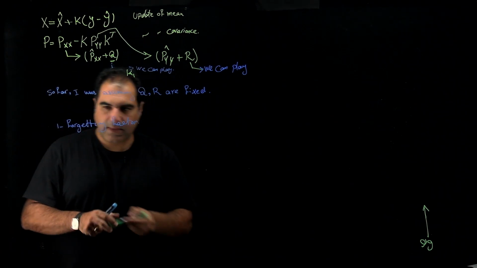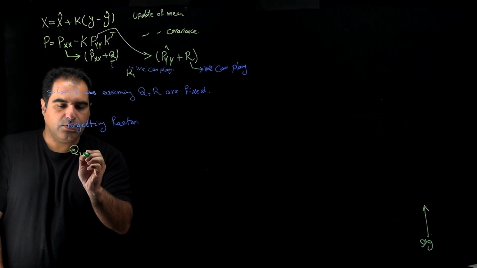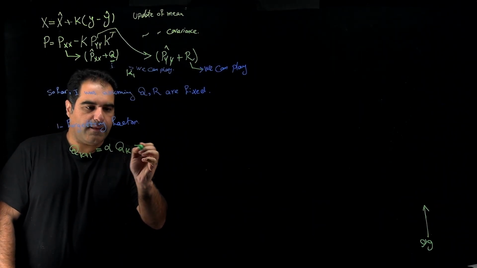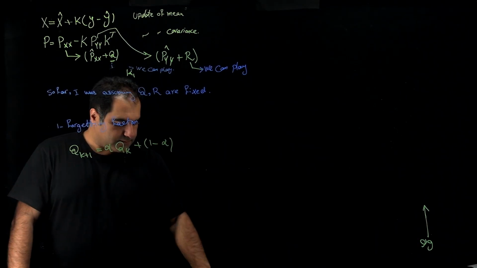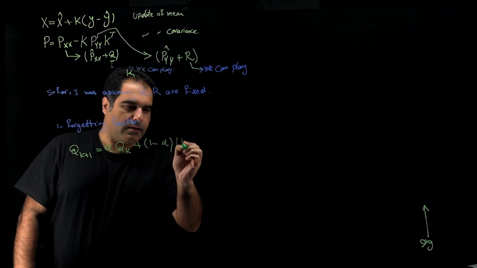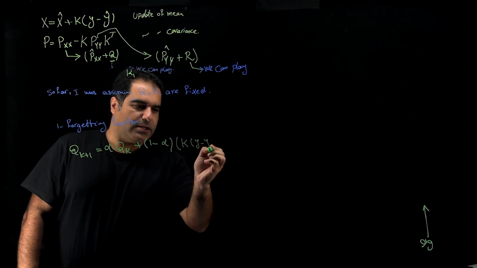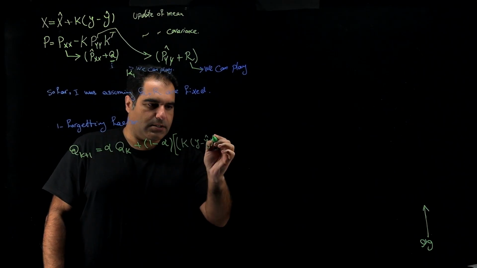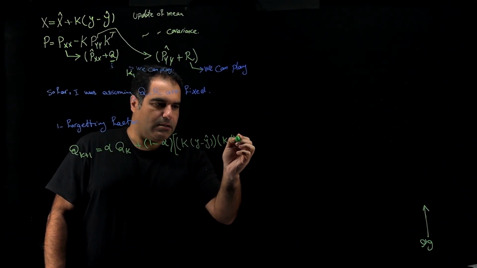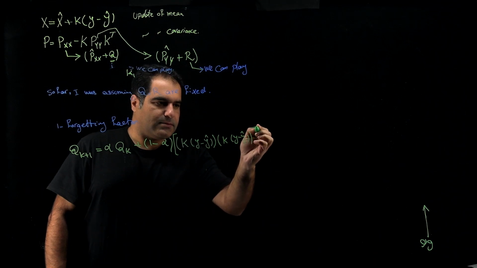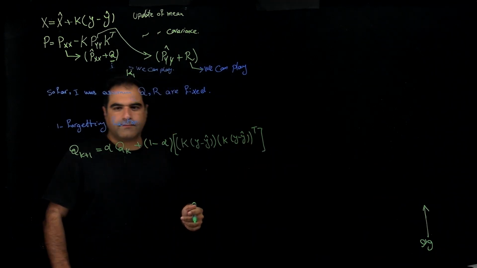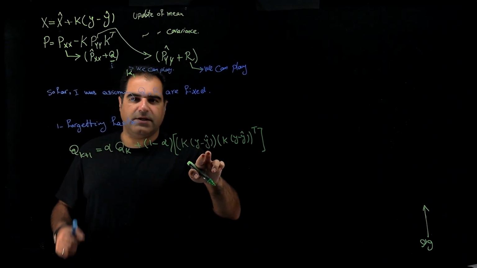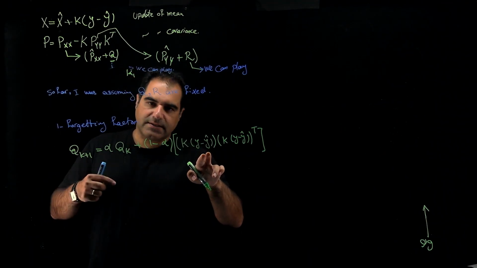It says in every iteration, Q at step k plus 1 is alpha Q_k plus (1 minus alpha) Kalman gain times (y minus y hat) times (y minus y hat) transpose, which this y minus y hat is your innovation term, the difference between the model prediction versus measurement.